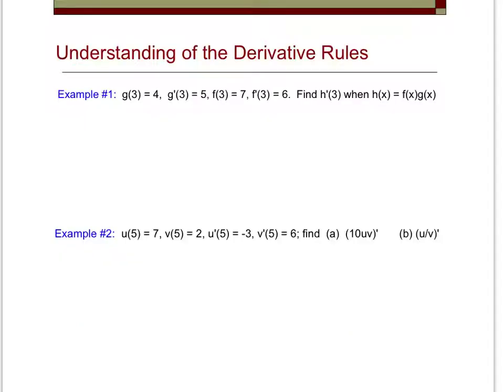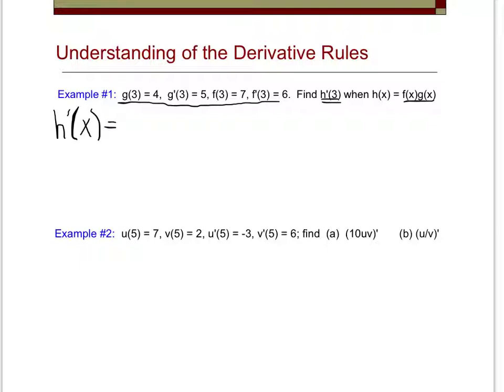Okay, so examples. So the first example here, we're given a lot of facts about the function, and we have to find the derivative of h at 3, and we're told that h of x is the product of f and g. So what we need to do then is we need to use our product rule.